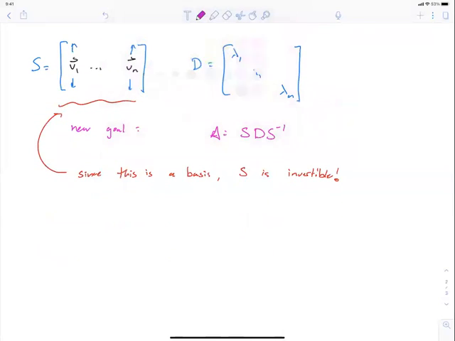The first thing we're going to do is show that A works in exactly this way. So we want to show that SDS inverse times vi is equal to Avi. So we're going to show that these matrices coincide on any eigenvector.